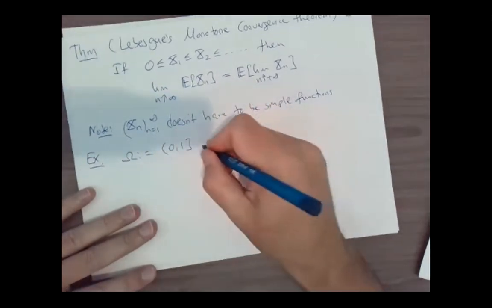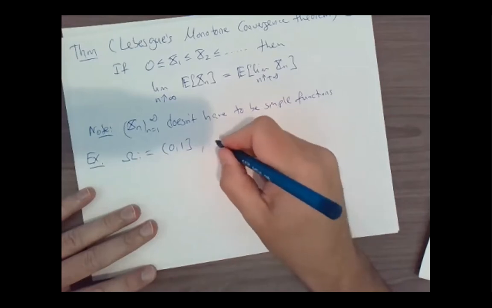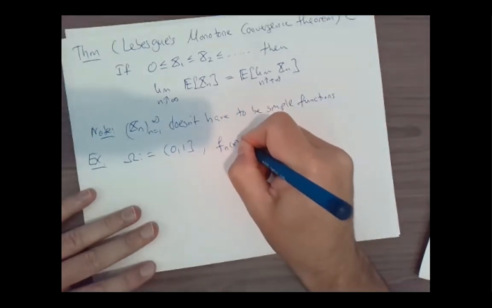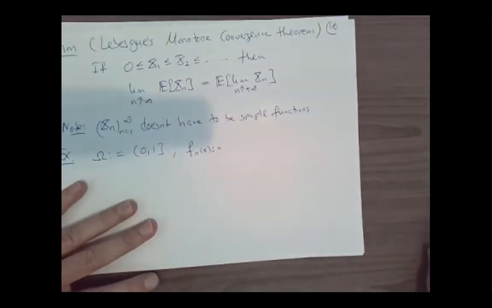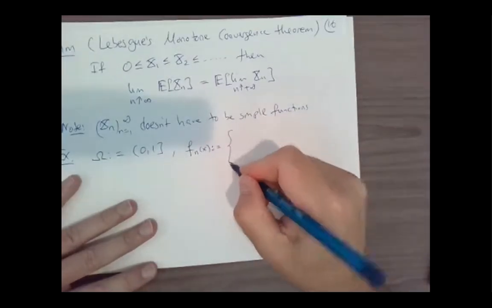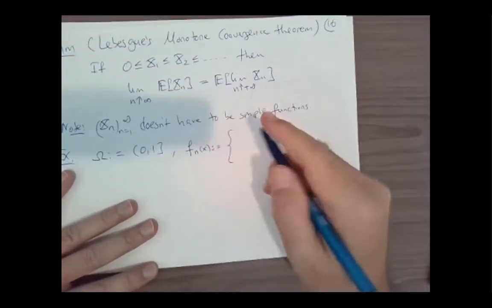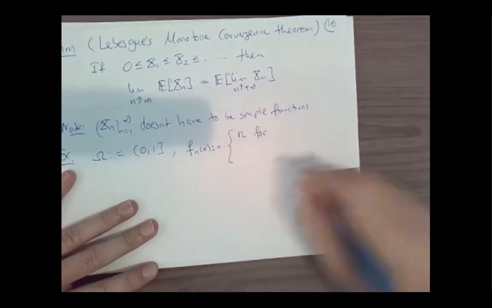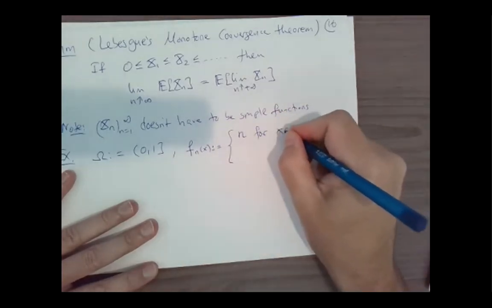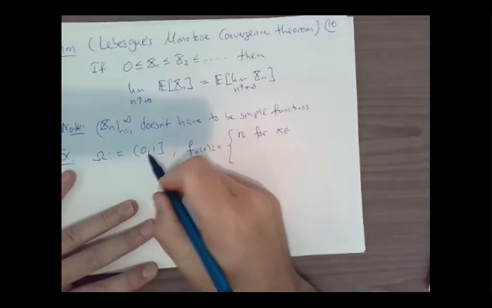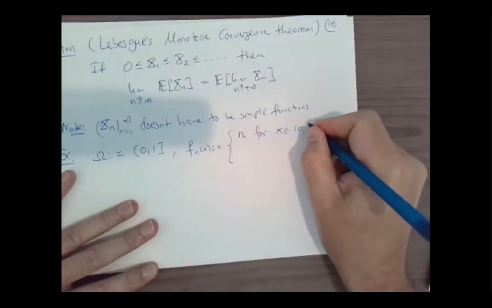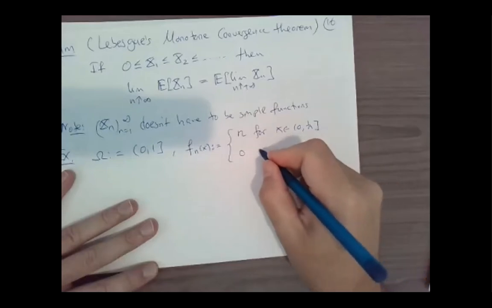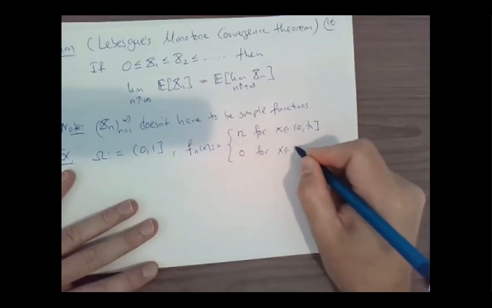And then I want to look at functions, say fn of x. I would pick them to be n when x is small, and then I'll pick them to be 0 when x is big.